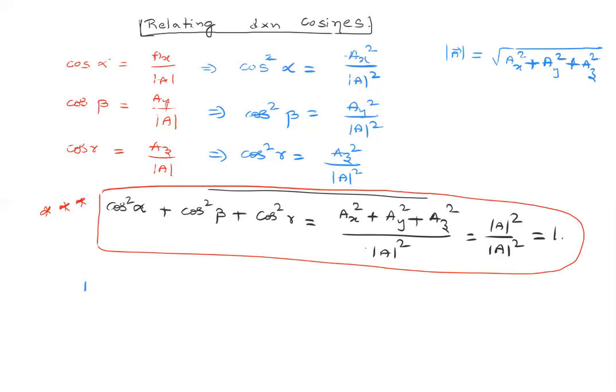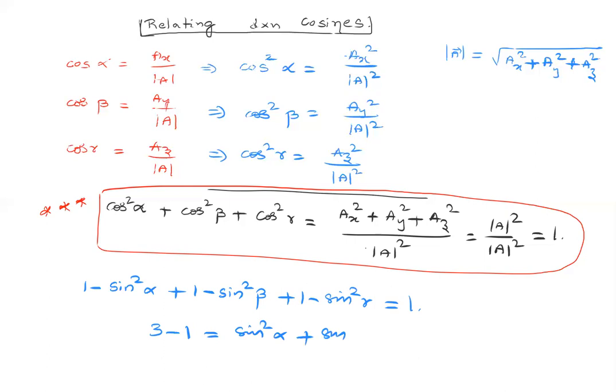Now this can also be written as 1 minus sine square alpha plus 1 minus sine square beta plus 1 minus sine square gamma is equal to 1. From here, 3 minus 1 is equal to sine square alpha plus sine square beta plus sine square gamma.